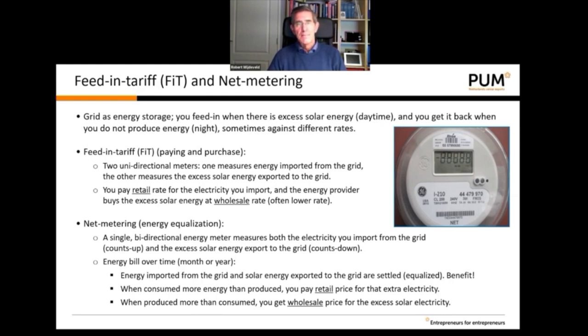If you feed in when there is extra solar energy at daytime, and you get it back, for example, at night, when you don't produce solar energy, sometimes at different rates. So you're producing energy, you bring it into the grid, and at another time you import it back from the grid.